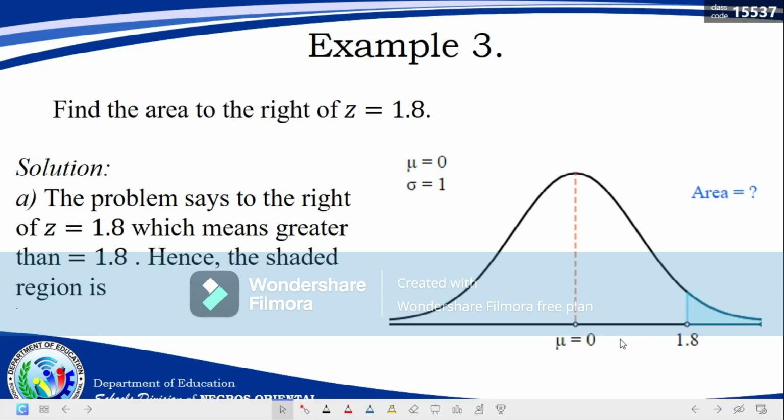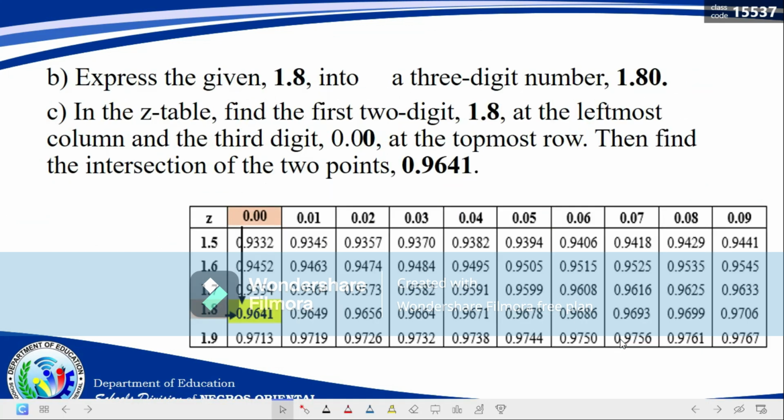Express the given 1.8 into a 3-digit number, 1.80. So in the Z table, you have here the leftmost column 1.8. Then we are going to add 0.00 because it's 1.80 if we make it 3 digits. So here, 0.9641 is the intersection, therefore that's the area.